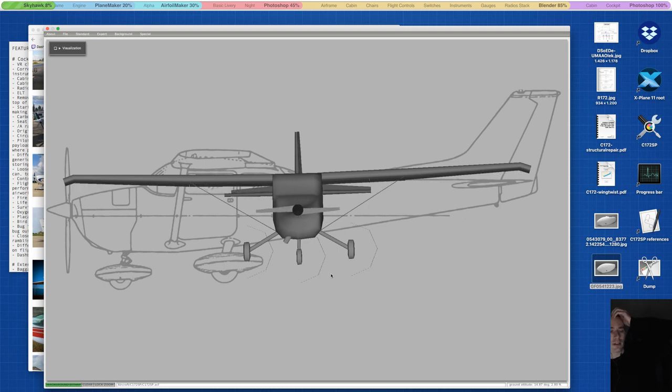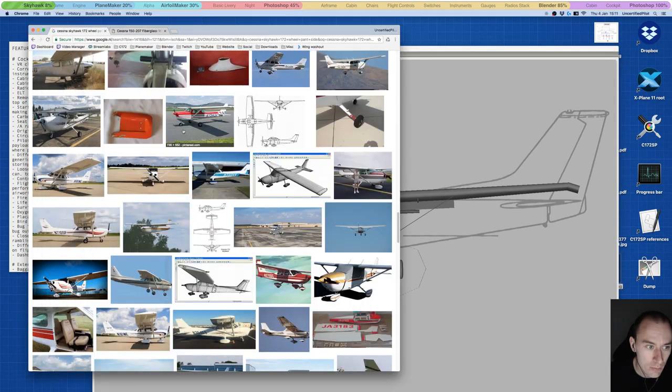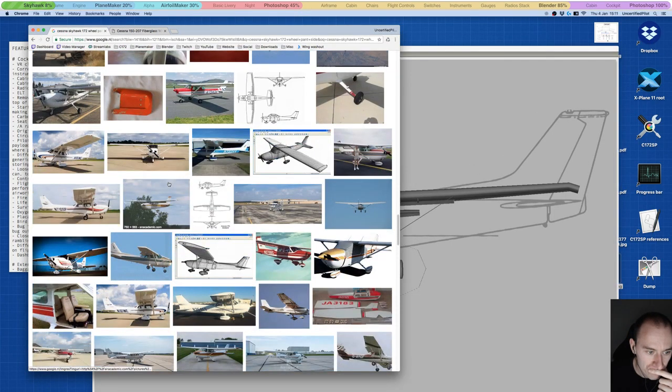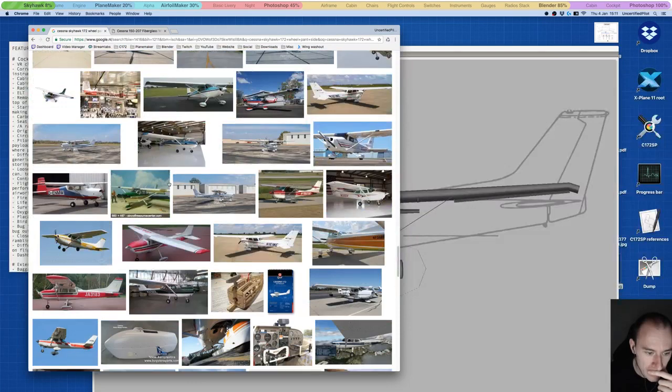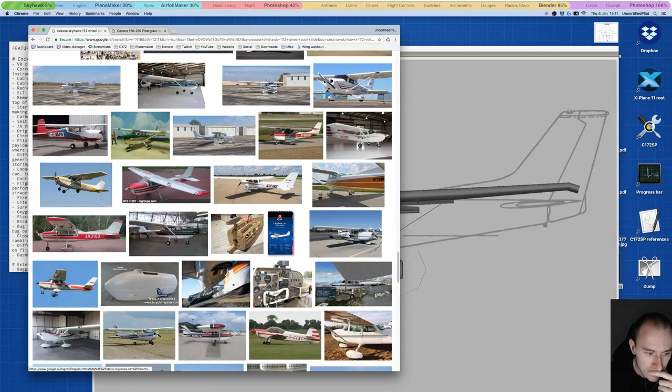So those wheel fairings are just made up and not part of the actual scaled model. So that's no use. I think we have to work again.